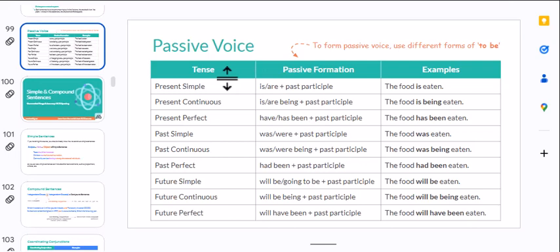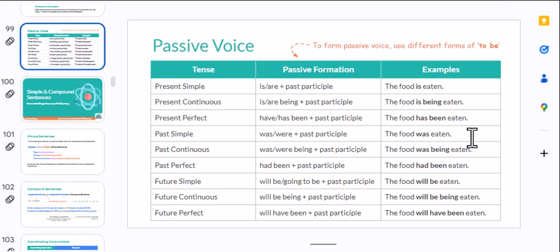In these examples, I think it is very clear how to use the tenses with the passive formations, how to formulate the passive in grammar. For example, if I talk about the past simple, in past simple we use was or were plus the past participle of the verb.